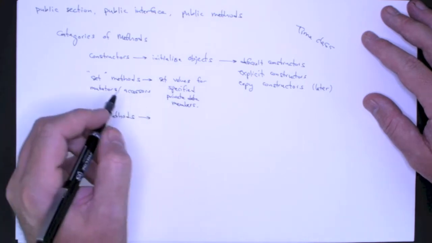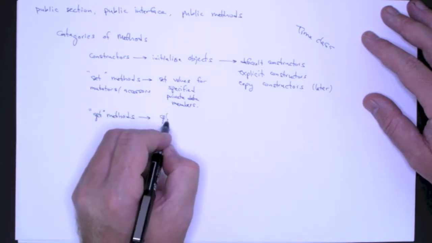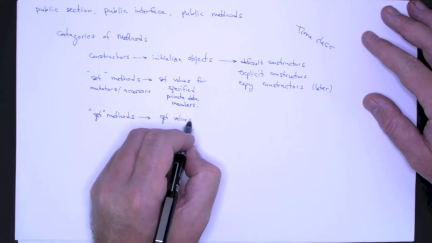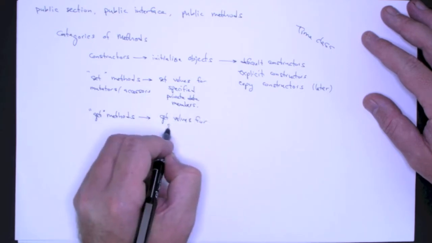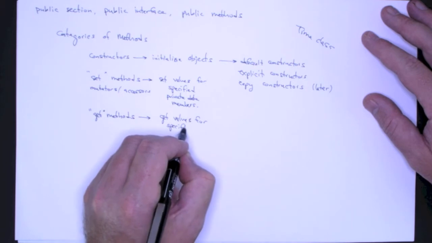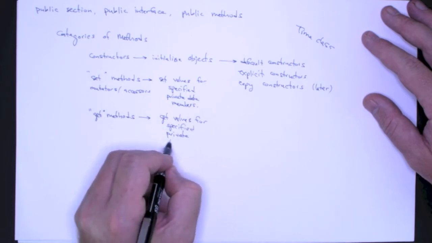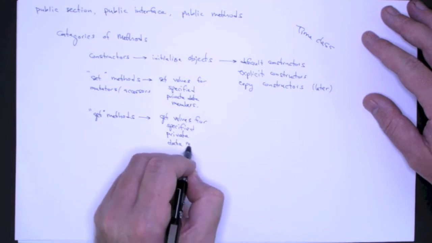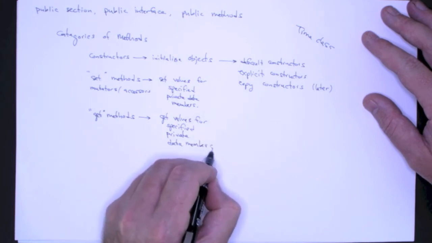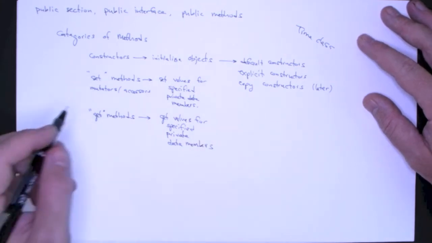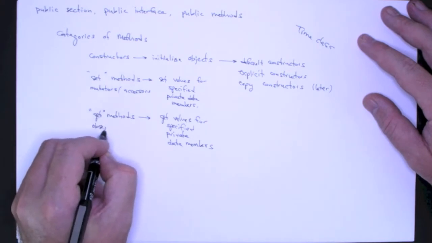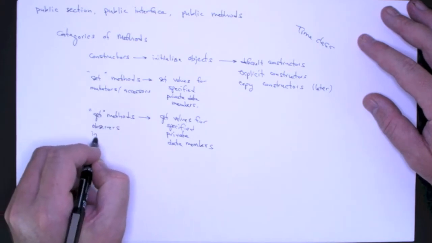And what these do is these get values for specified private data members. And these are also known as observers or inspectors.